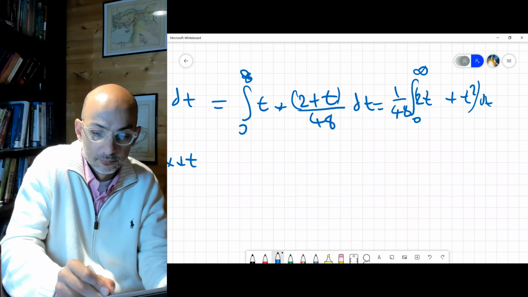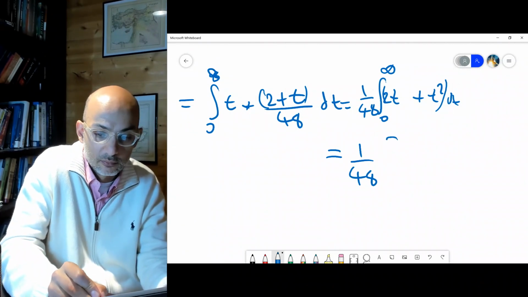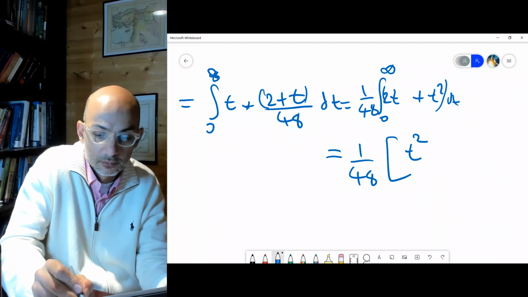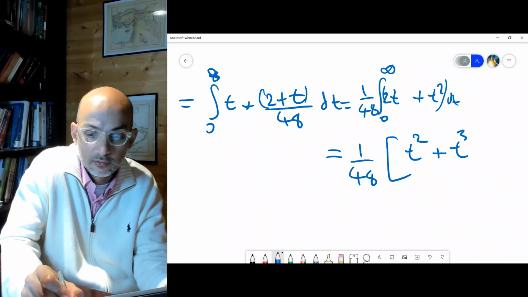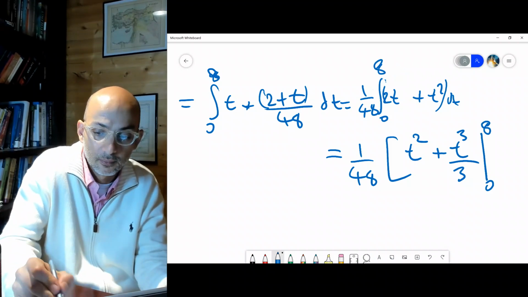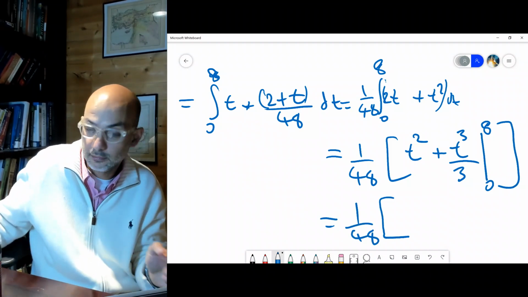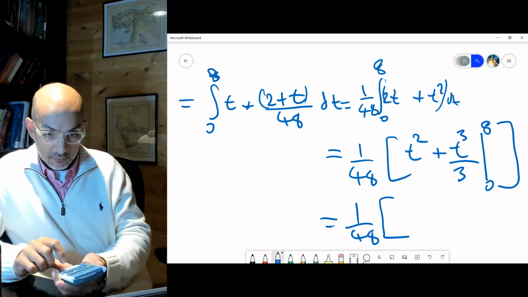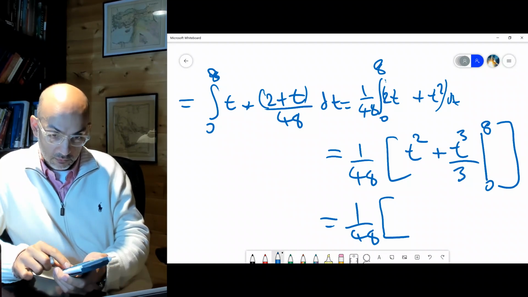If you do this one now, it's 1 over 48 multiplied by t squared, because the 2 in the denominator crosses out with the 2 here, plus t cubed over 3. Everything is evaluated from 0 to 8, not infinity, sorry, 8 I meant. So we have 8 squared, which is 64, and 8 cubed divided by 3.